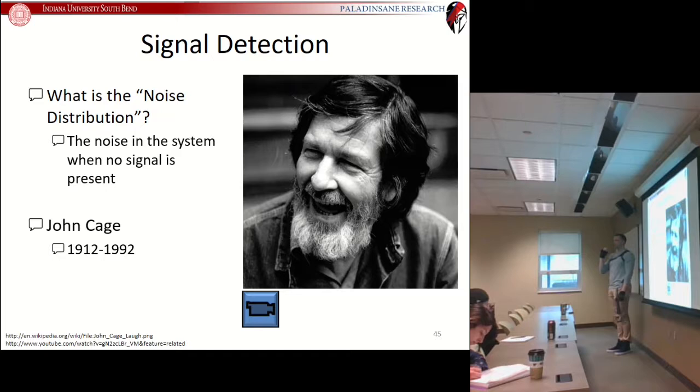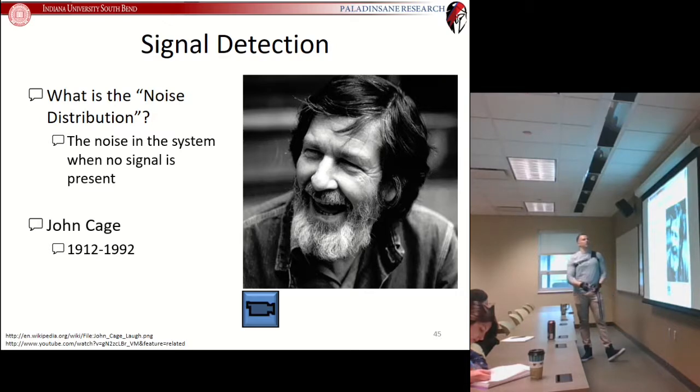Your nervous system is continually firing, and even if you are in a sensory deprivation tank where there is no external stimuli, you would still have this buzzing in your perceptual system, and that is the noise distribution.